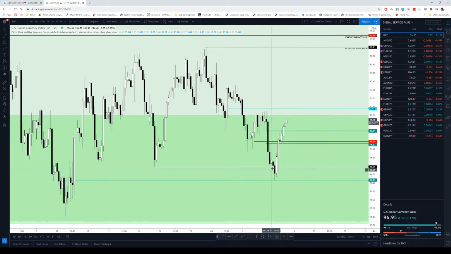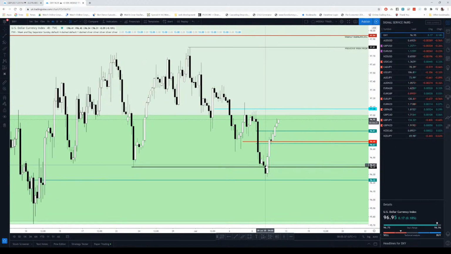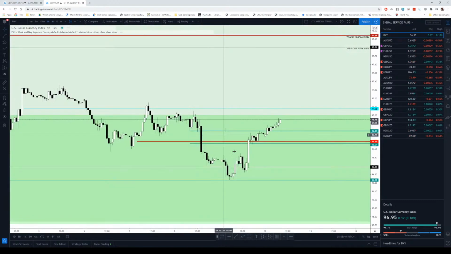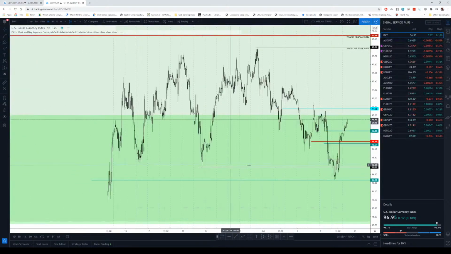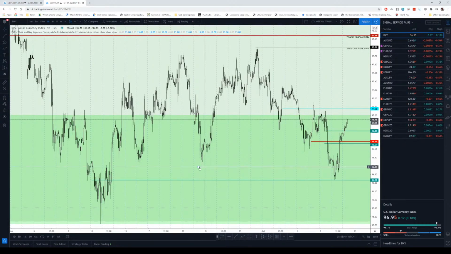Yesterday I mentioned during the live session, when I was doing it, this was where price was, and I said that I wanted to see price close right above this level, this line here.